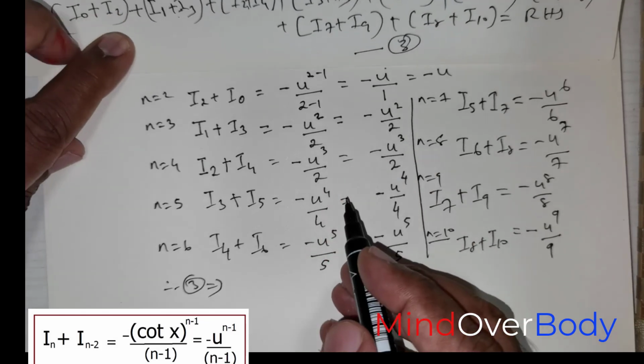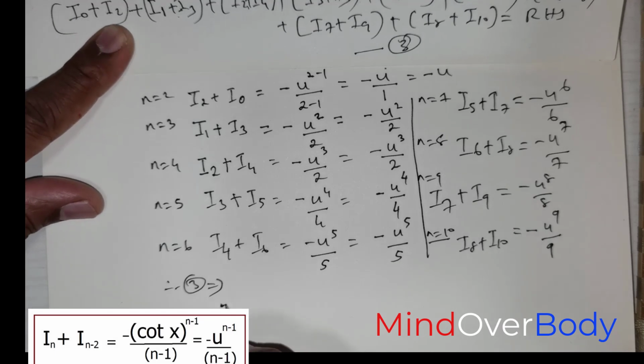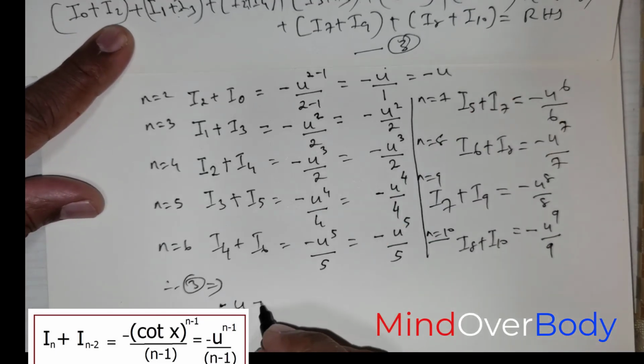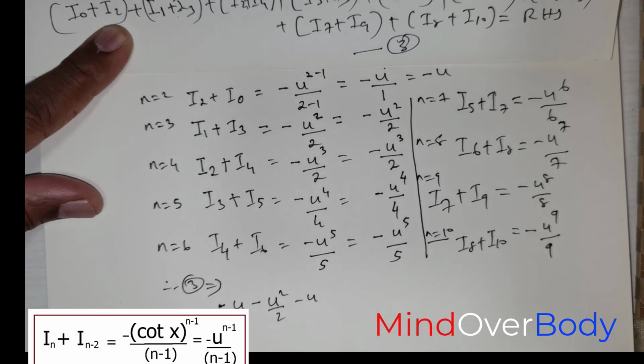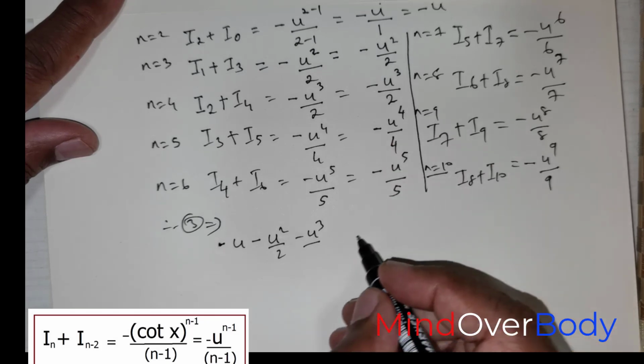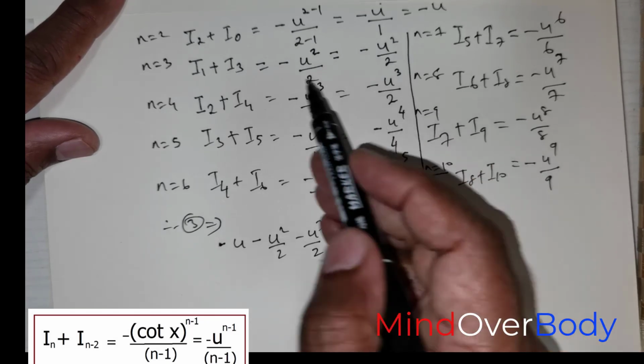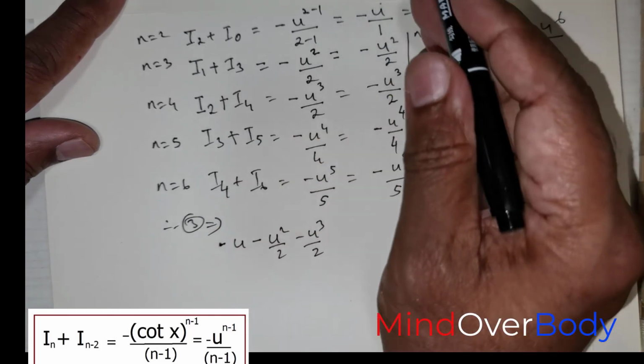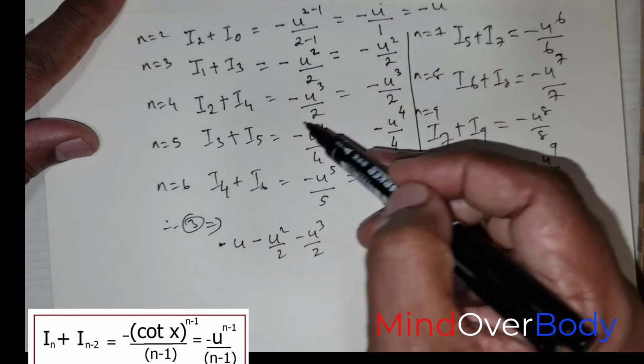So this is going to be negative u squared over 2, negative u cubed over 3. N is equal to 3, 3 minus 2, n is equal to 4.